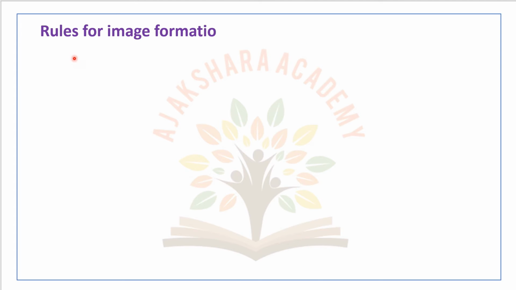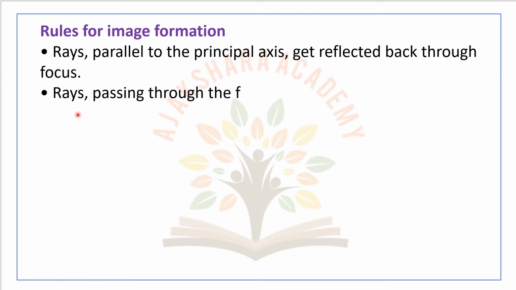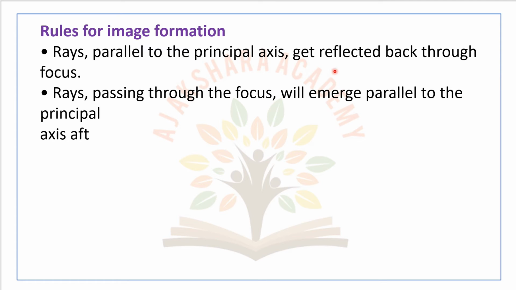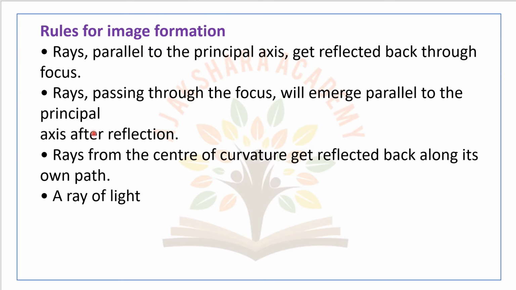now we will discuss rules for image formation. Rays parallel to the principal axis get reflected back through the focus. So a ray which is parallel to the principal axis, the reflected ray passes through the focus. Next, the rays passing through the focus will emerge parallel to the principal axis after reflection.